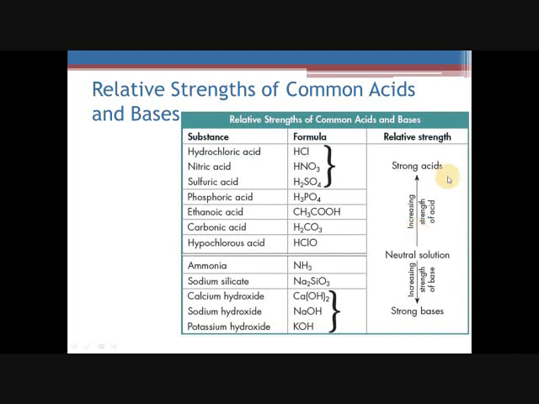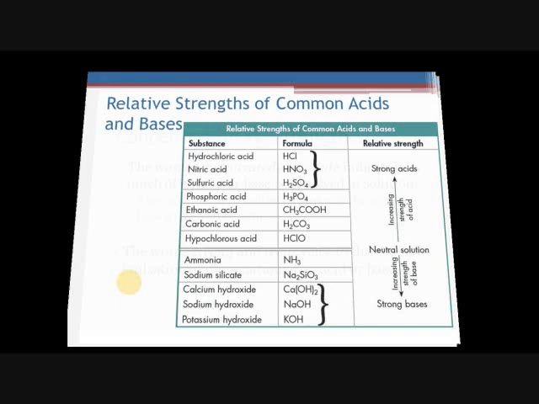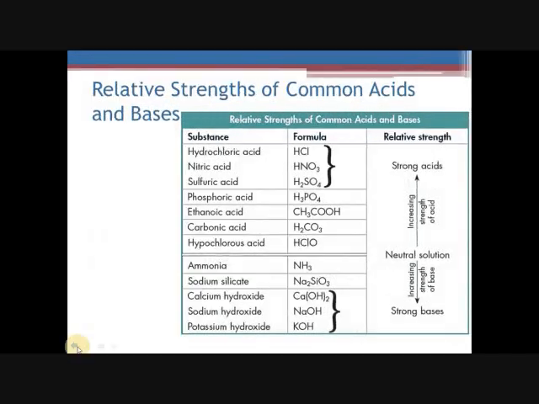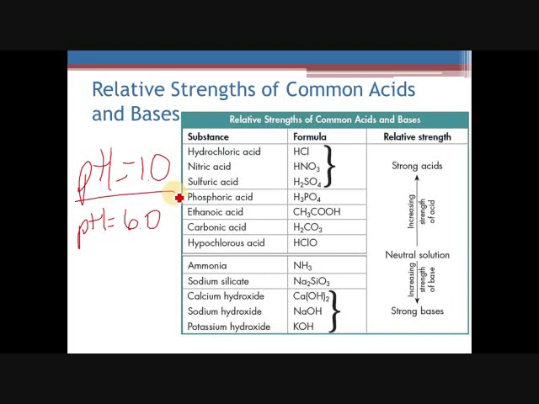That means that something with a pH of 1, compared to a pH of 6, is going to be a stronger acid, so it's going to break apart more easily than the pH of 6.